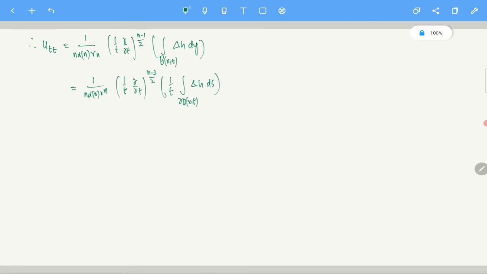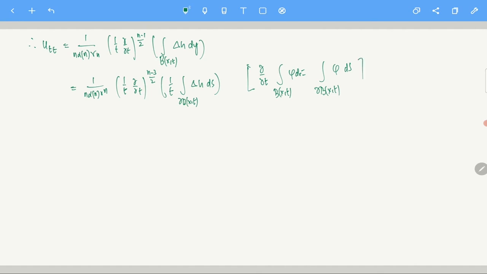What is the derivative del t of this particular thing? If you remember, del t of the integral over B(x,t) of the Laplacian of h, you don't have to have the Laplacian of h, this can be any summable phi, equals the integral over del B(x,t) of phi with respect to dS, of course the surface integral, and this is dx.